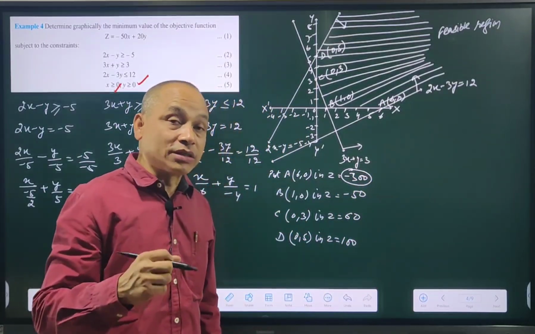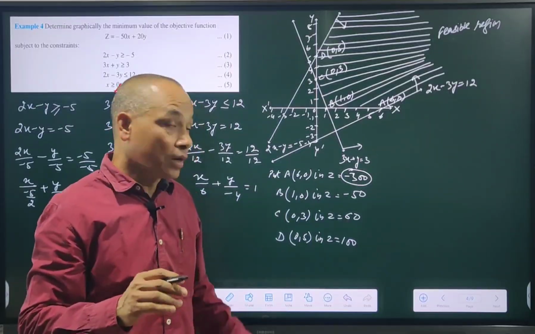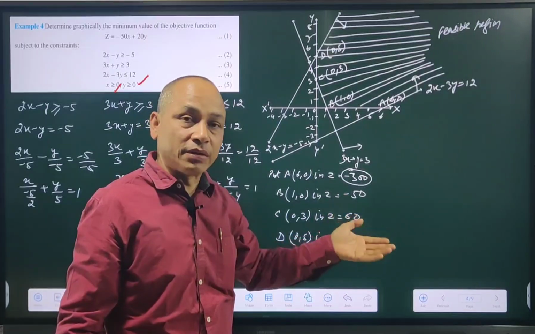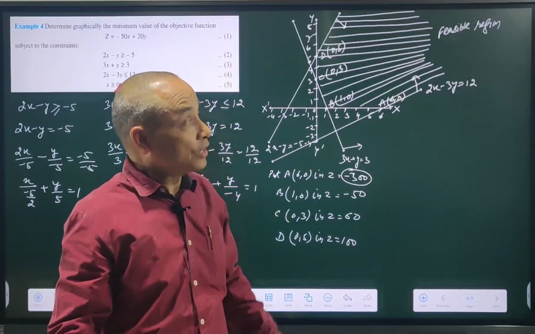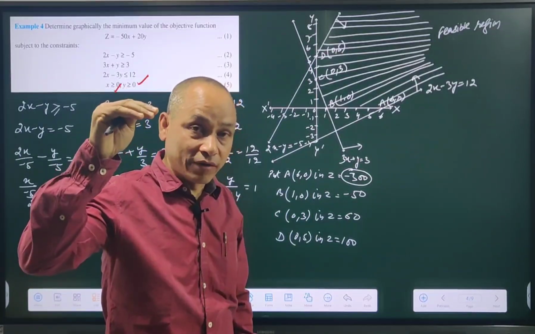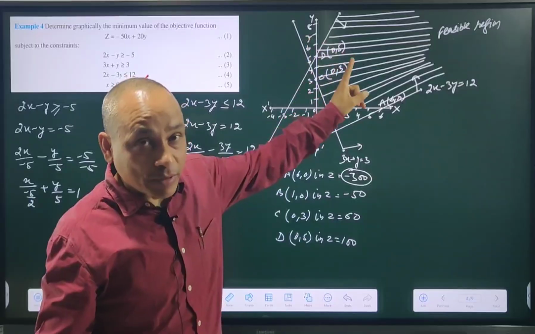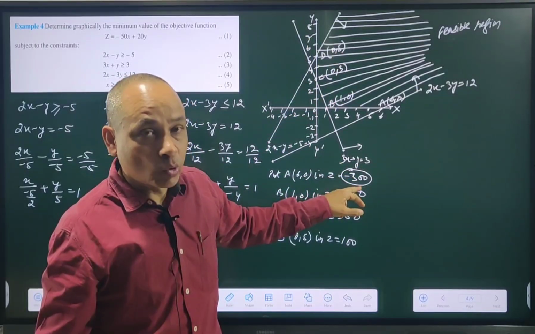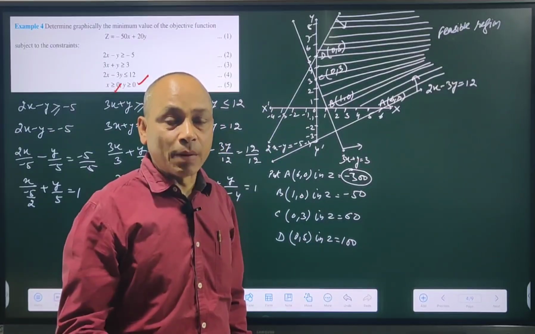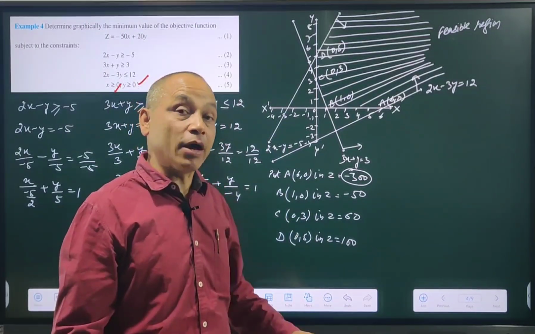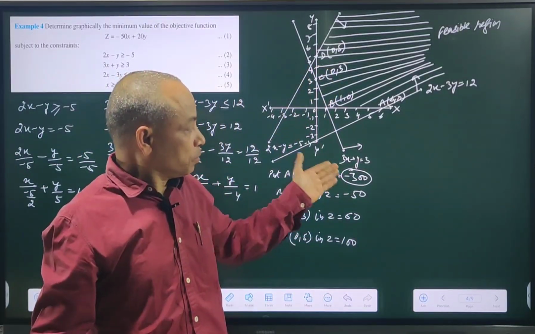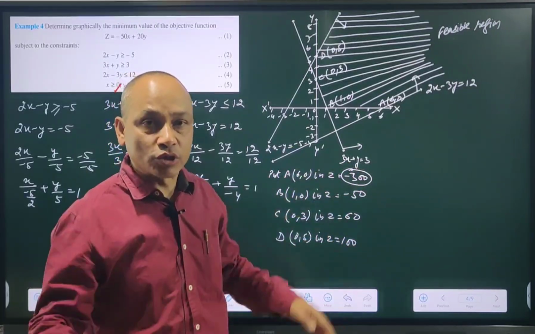Let me tell you, this is the lowest value. Had the region been bounded, then the lowest value of Z would have been the minimum value of Z. But if the region is unbounded, that is why I said that this is a question of good level. If the region is unbounded, then the lowest value of objective function Z may or may not be the minimum value of Z. Had it been a bounded region, then the lowest value would have been the minimum value and the question was over.